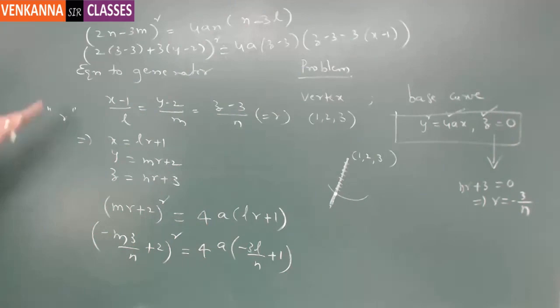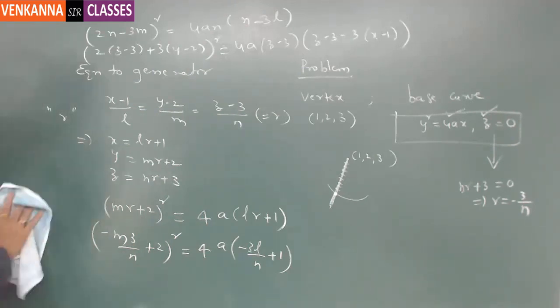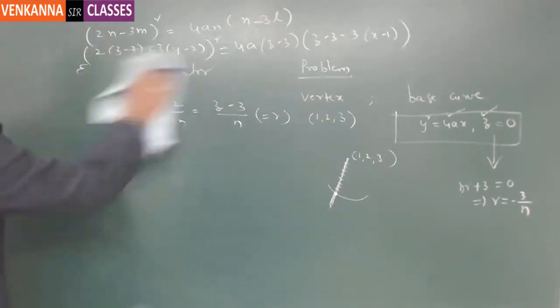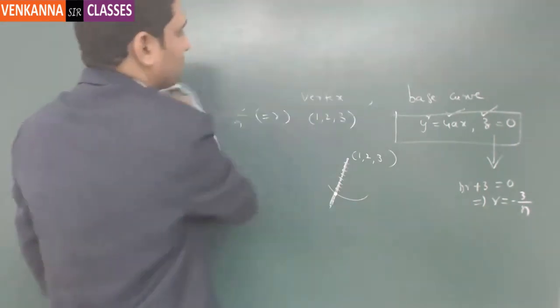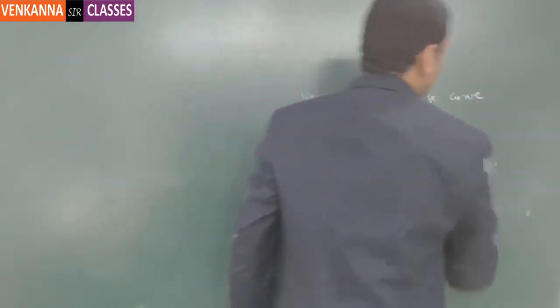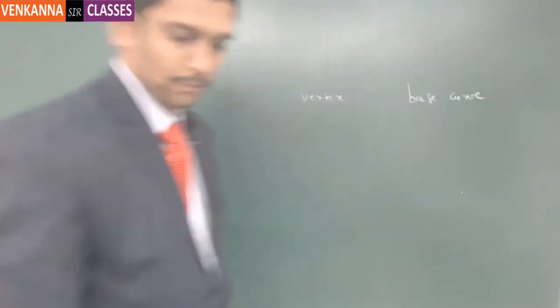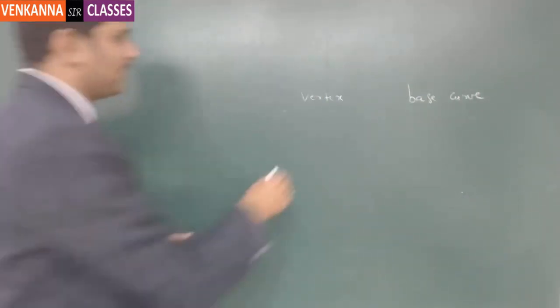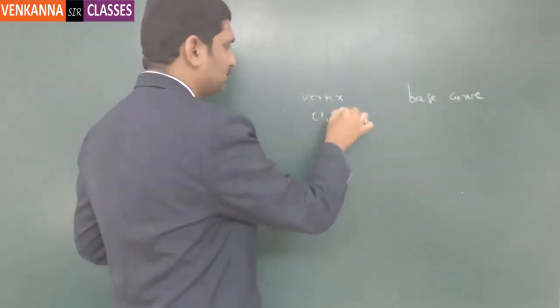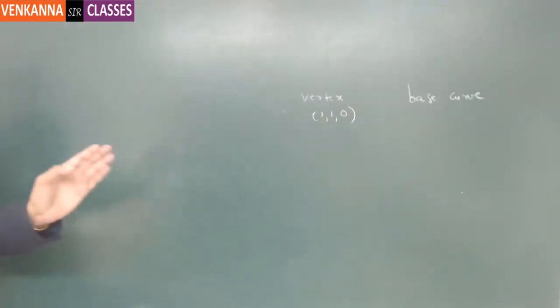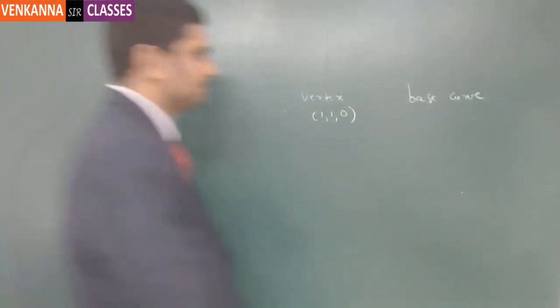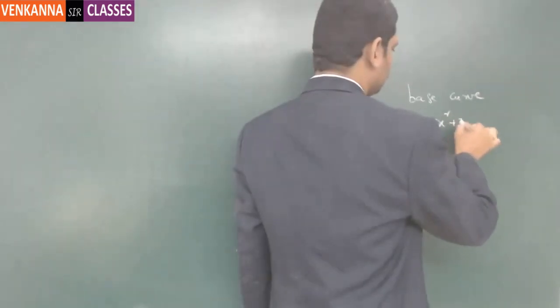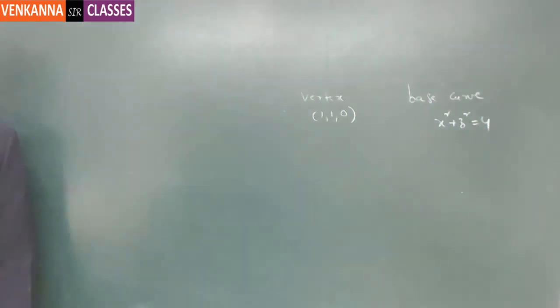Now can I erase this? Okay. The next problem: I have taken the vertex as (1, 1, 0) and the base curve is given as x square plus z square equal to 4.